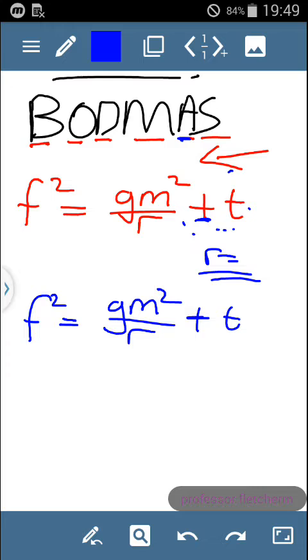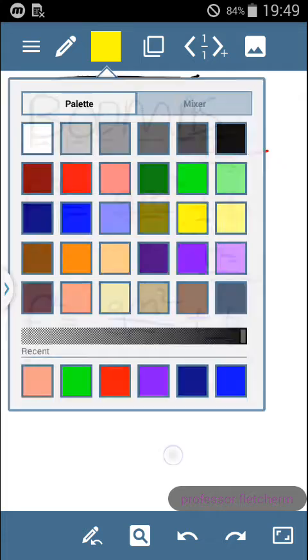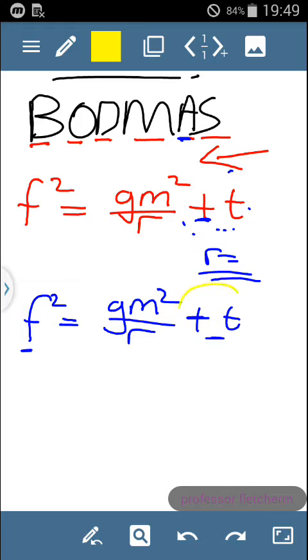So how do we remove this one? Well, if you move it from this side to this side, when it goes over the equal sign, the sign automatically changes.